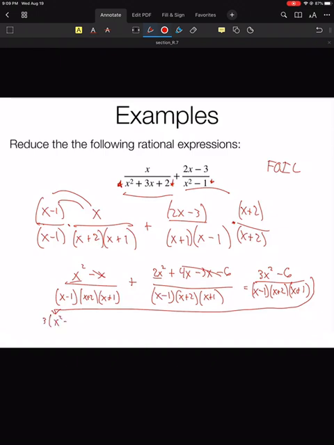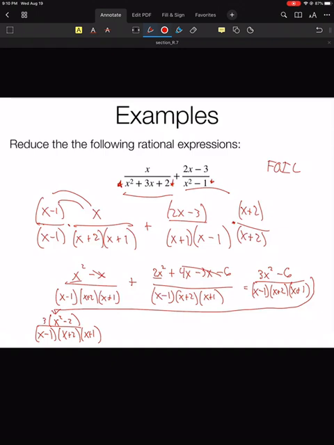I get x squared minus 2 over x minus 1, x plus 2, x plus 1.